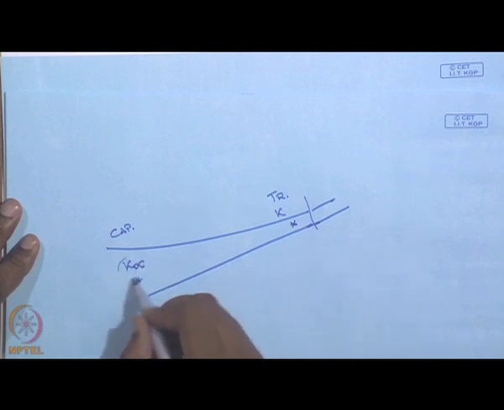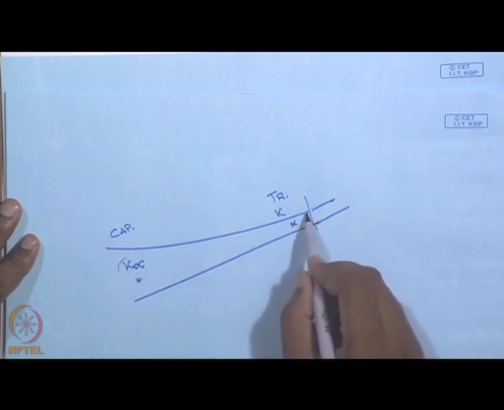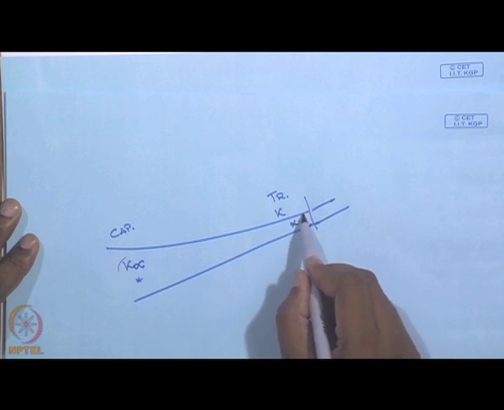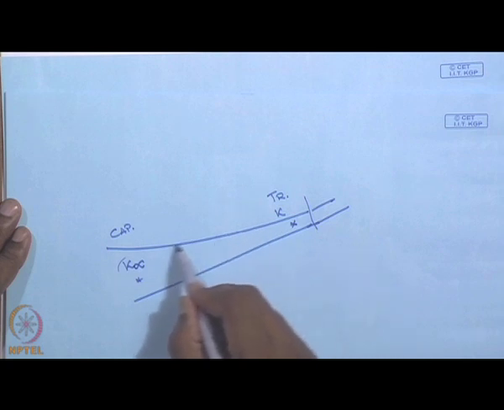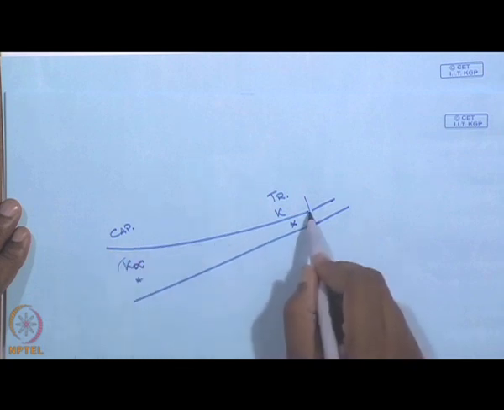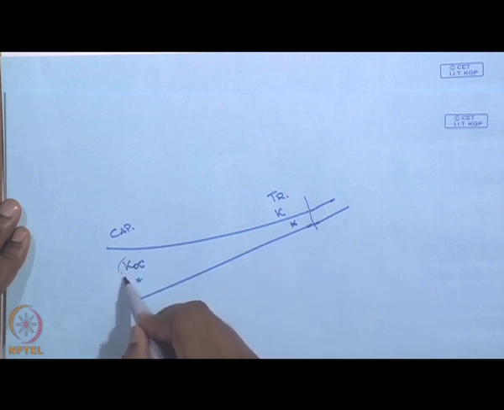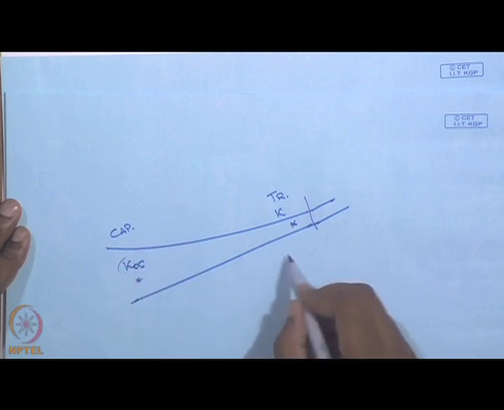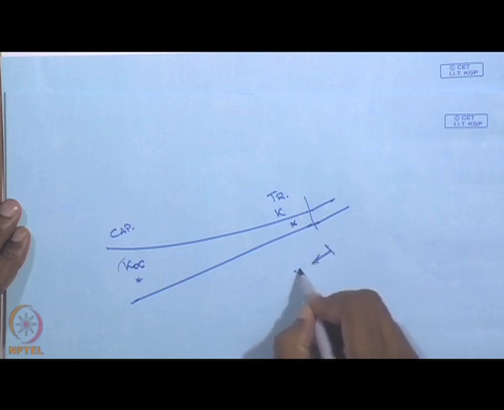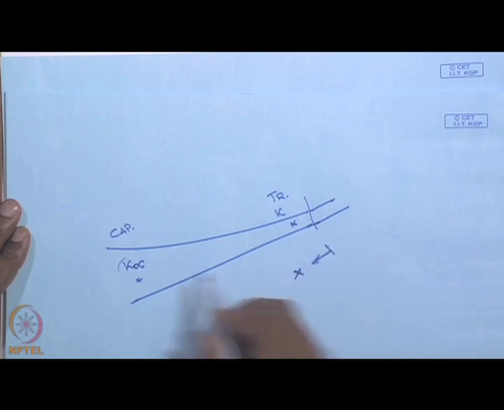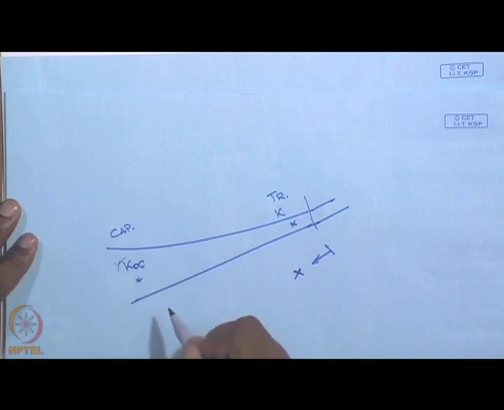Why it is called k infinity is that it has been shown experimentally, and it can also be shown theoretically, that as we move away from the very thin part of the film, the curvature is going to attain a constant value, and it is not going to be a function of x. So, this value of k infinity is a constant.